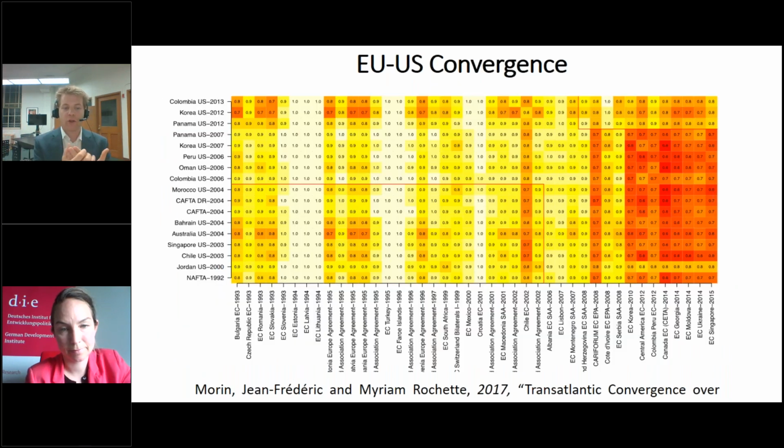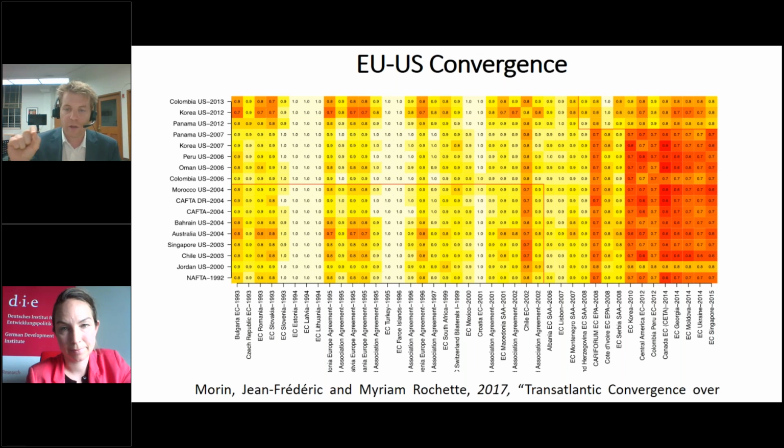American agreements are becoming more similar to the EU agreements, and EU agreements are becoming increasingly similar to the US agreements. So what you have here is a heat map. You have all the US agreements on the vertical axis, and you have the EU agreements displayed in chronological order on the horizontal axis.